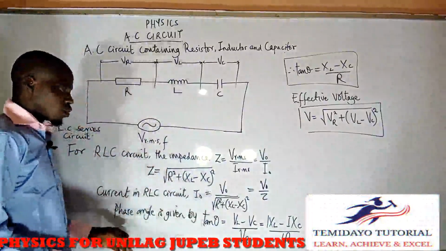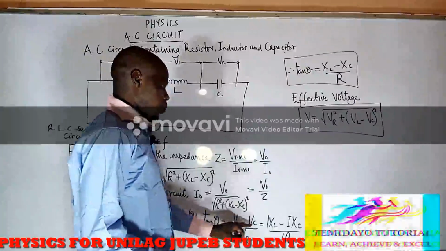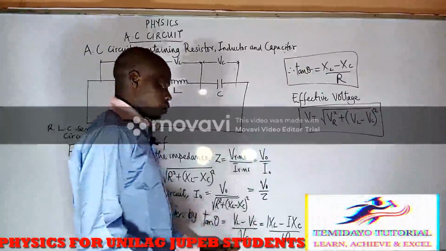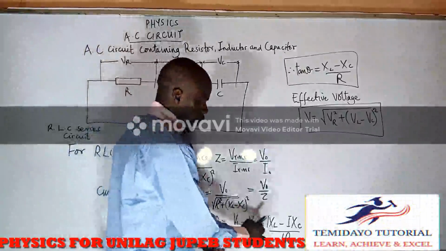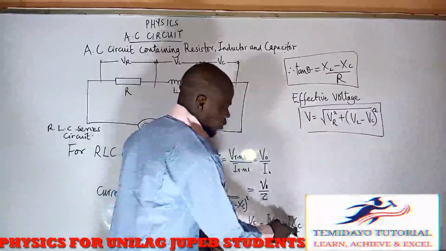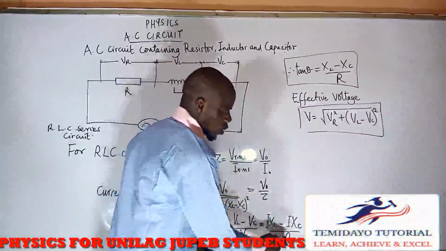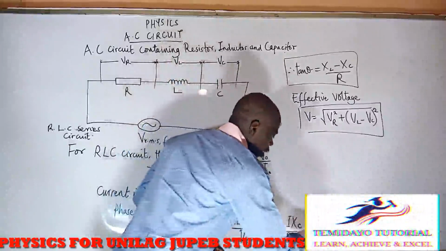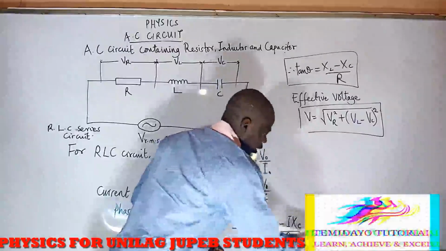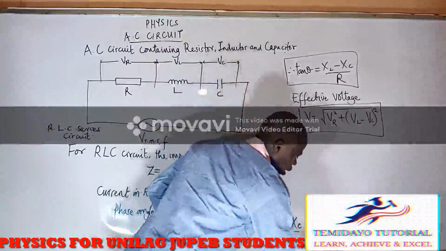Then the phase angle is given by tan theta, and tan theta is equal to (V_L minus V_C) over V_R. Our V_L is written as current times X_L, our V_C is equal to current times X_C, and our V_R is equal to current times R. So you can see from here, I is common, and that's how you have I(X_L minus X_C) over IR.